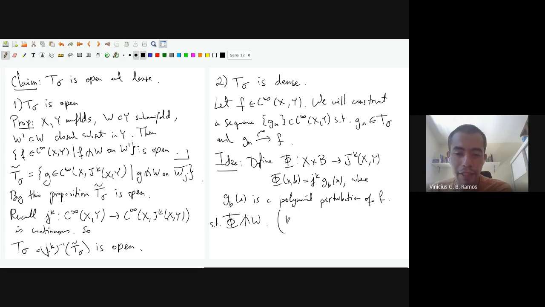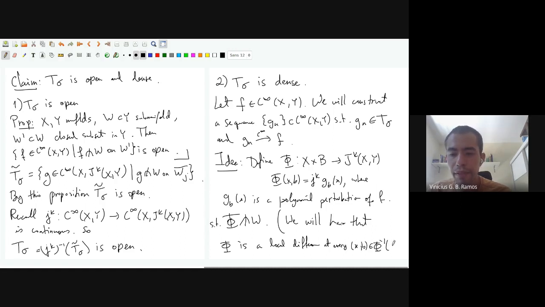So we will have that phi is a local diffeomorphism at every point xb in the preimage of W sigma bar.